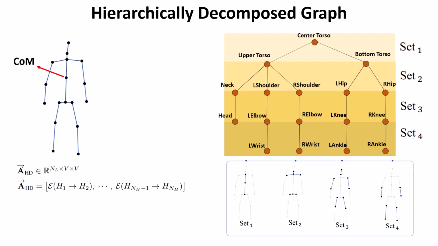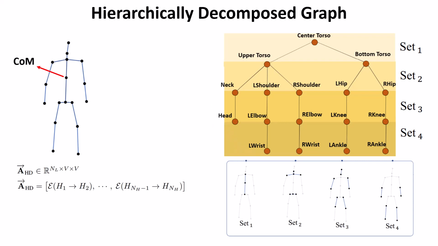Those are node sets. Don't mix those up with edge sets. Node sets means nodes that are in a certain depth of the tree. For example, center torso is in H1, upper torso and bottom torso is in H2, and all these nodes in H3, all these nodes in H4, and finally all these nodes in H5.